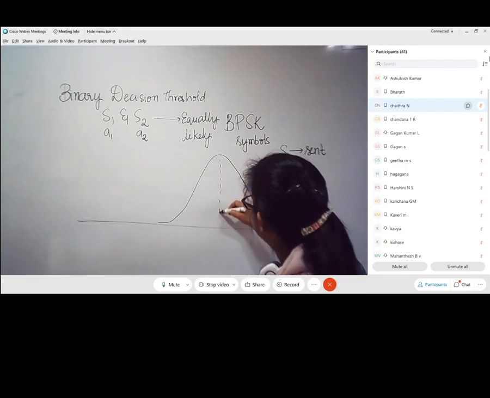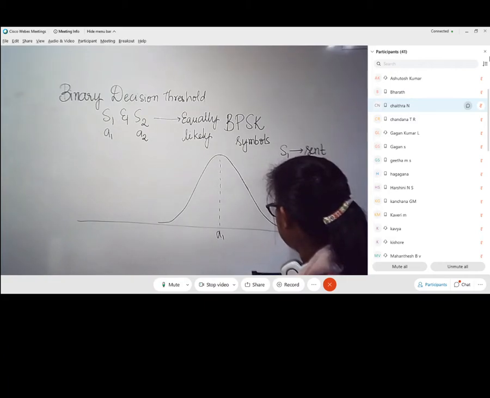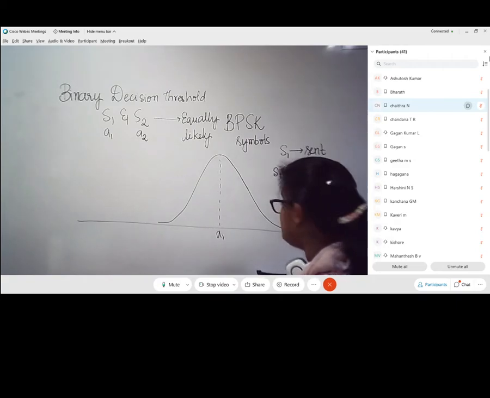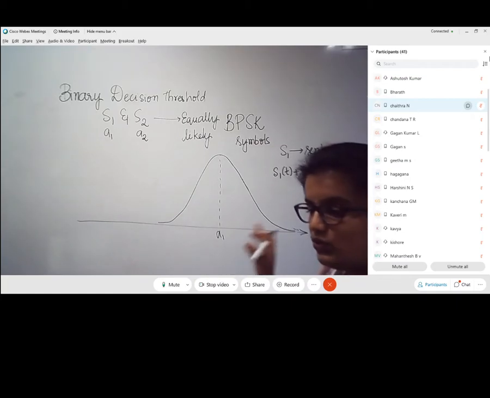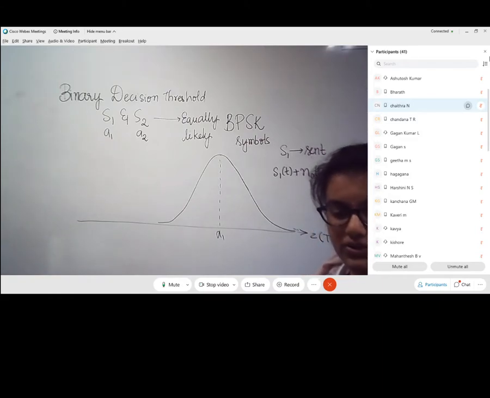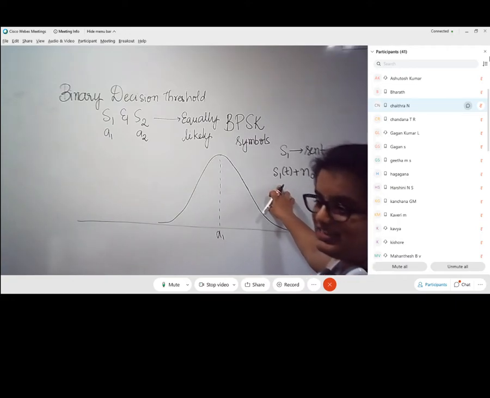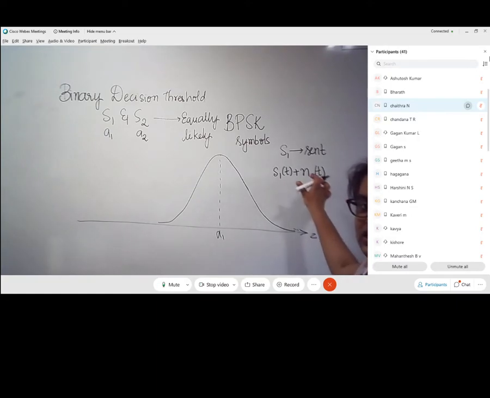Why this bell-shaped curve appears is, whenever I am sending any signal Si of t within the zero mean Gaussian noise channel, that is additive white Gaussian noise, it will have zero mean. Once I send deterministic information into a random channel of Gaussian nature, since the correlator operation or the channel operation is a linear operation, the signal, which has no randomness in nature, will start to acquire the characteristics of the AWGN itself.